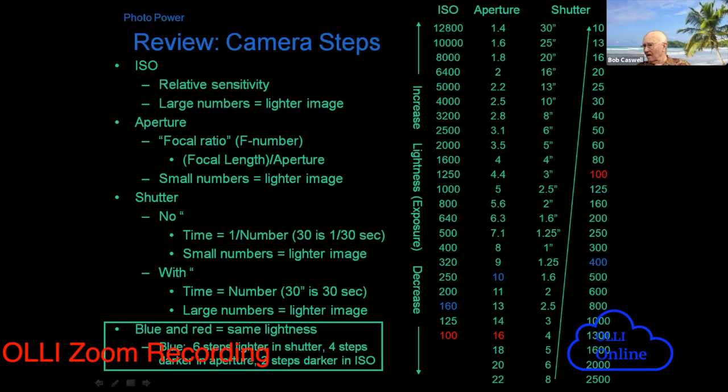That little quote mark on some cameras means seconds. Other cameras will actually write out seconds. Depends on your camera. The 1.25 is 1 1/4 seconds. Going on up, you've got 2 seconds, and further up, 10 seconds, and so on.